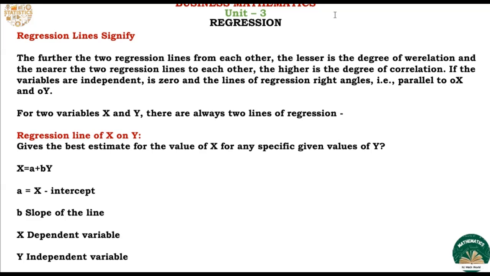If the variables are independent, the correlation is 0 and the lines of regression are at right angles, parallel to the OX and OY axes. For two variables x and y, there are always two lines of regression.